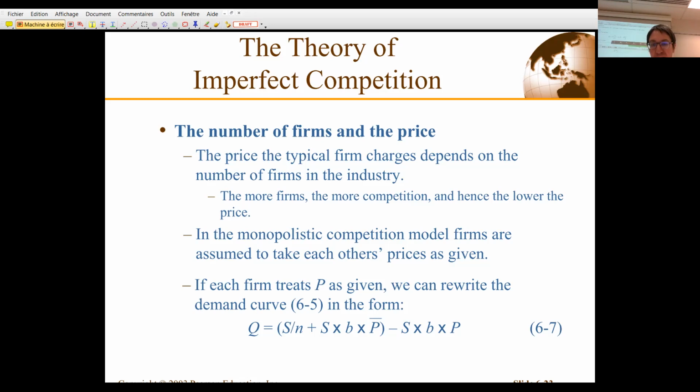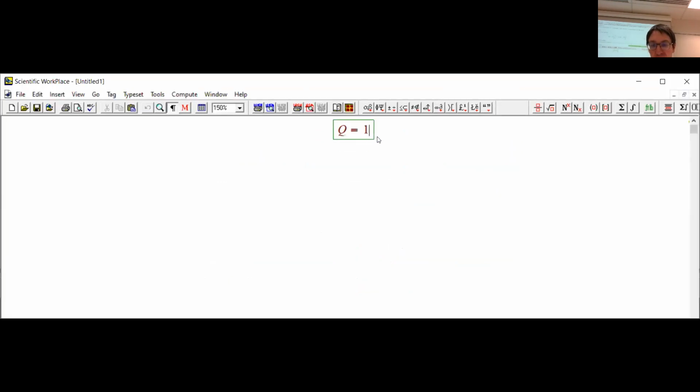Q equals 1 over N minus B times P minus P bar. So this is the demand curve.